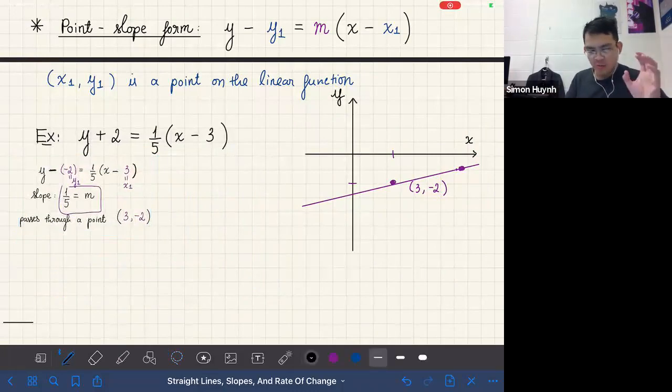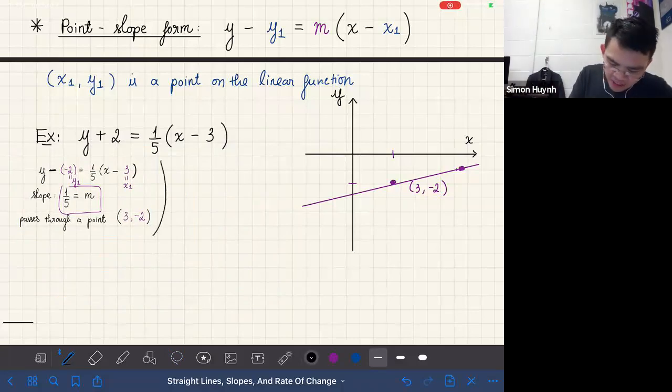We can rewrite this equation into its slope intercept form. So again, we want to isolate y. Here we can subtract 2 on both sides of the equation to do that. So if we do that, we get that y is equal to 1/5 (x minus 3) minus 2.